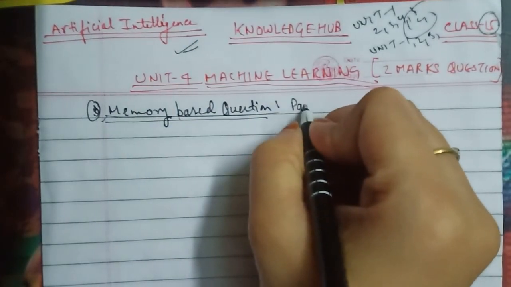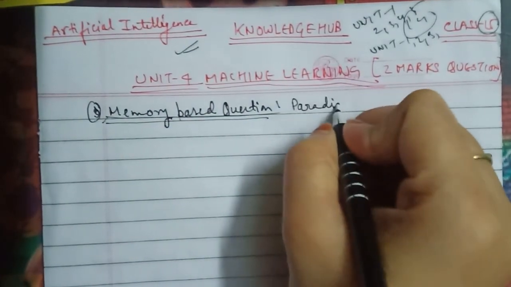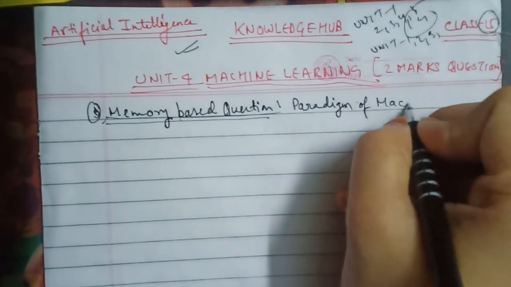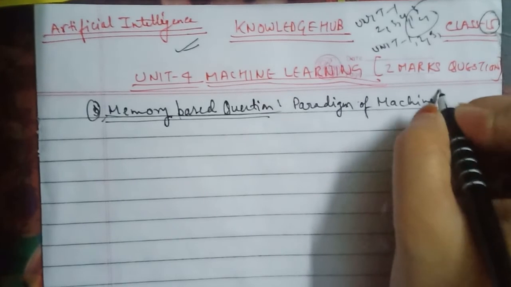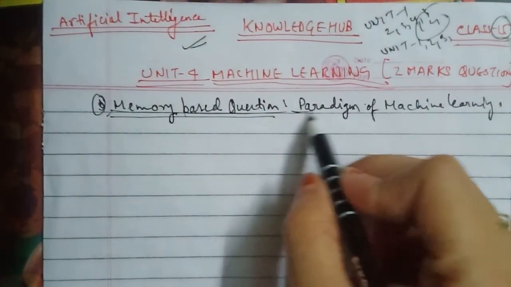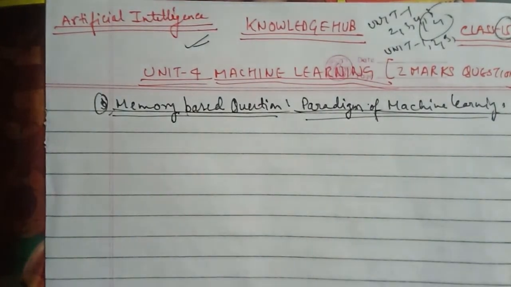The paradigms of machine learning. There are 7 paradigms of machine learning.